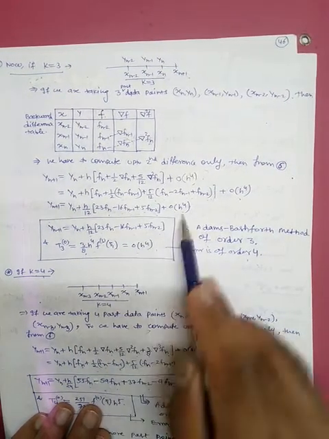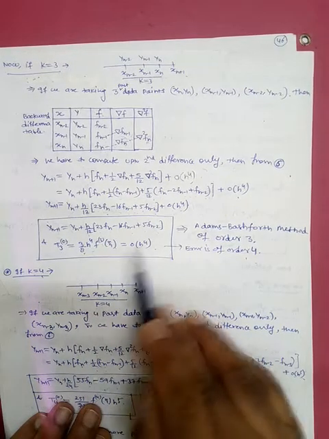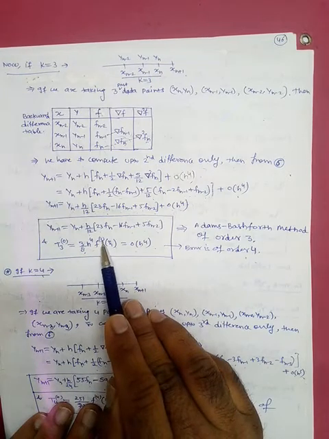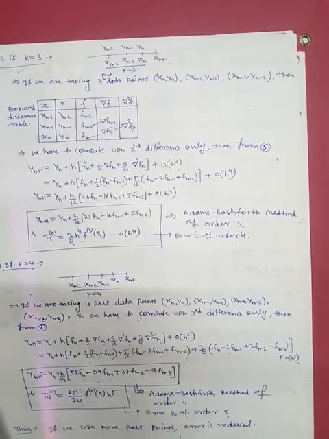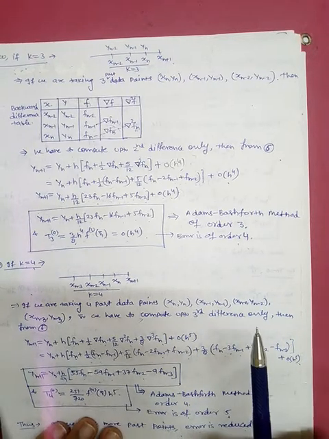This term is basically in expansion form. This order of h raised to the power 4 means 3/8 h raised to the power 4 f'''(xi). This is the error term. Okay, so this is the Adams-Bashforth method of order 3.